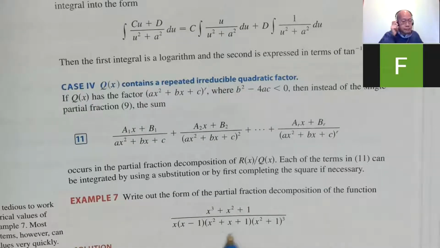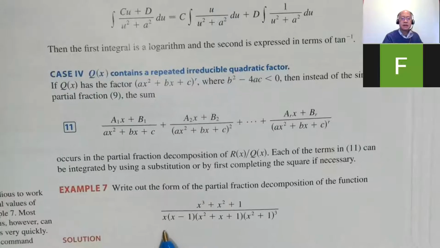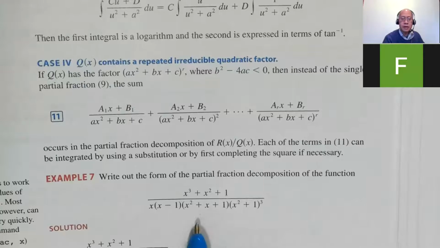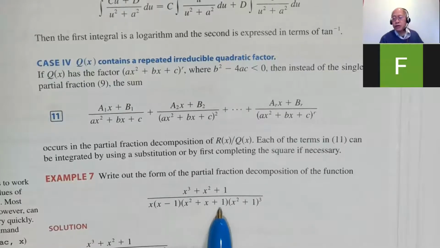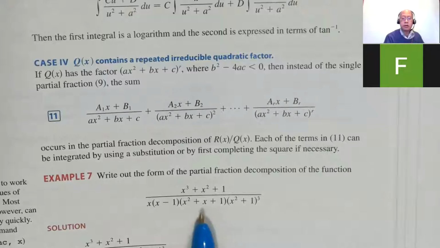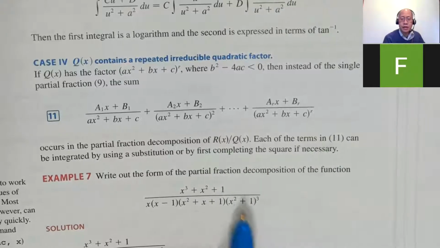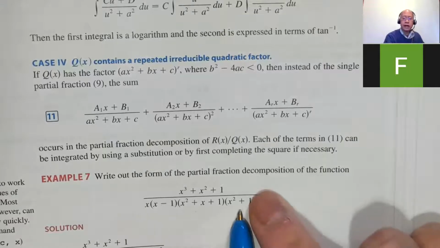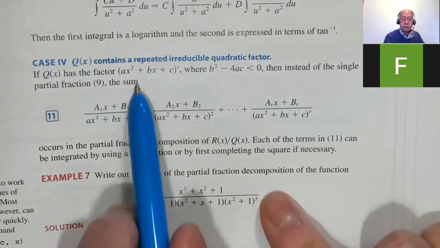Okay, so let's look at what we got. X, linear. X minus 1, linear. X squared plus x plus 1 is an irreducible quadratic. You can't factor that. You can try it, or if you do the quadratic formula, you'll end up with the square root of a negative. X squared plus 1 cubed, irreducible quadratic, repeated.